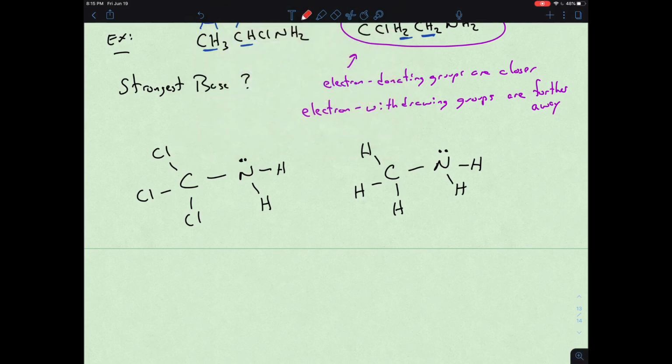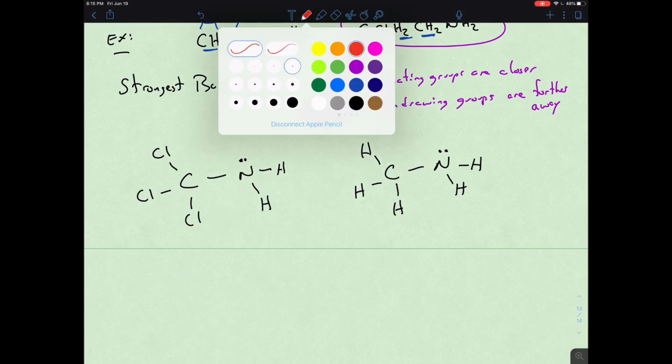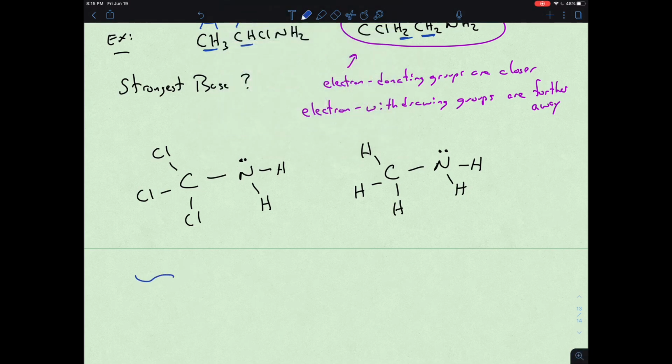Here we find electron withdrawing groups, and just like they did before, they're going to pull electron density towards them.